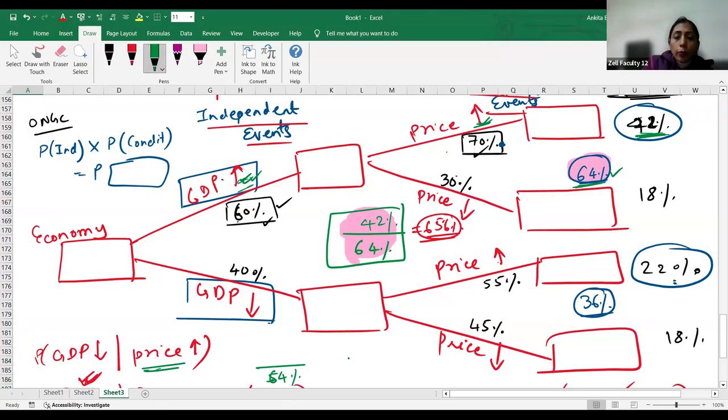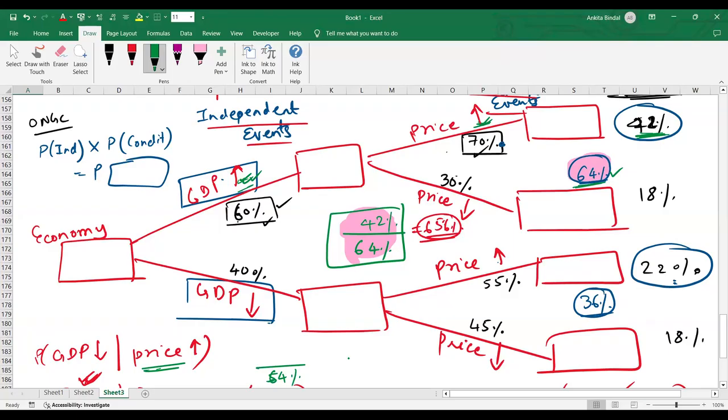This is the probability of price increase. Correct or not? Yes.